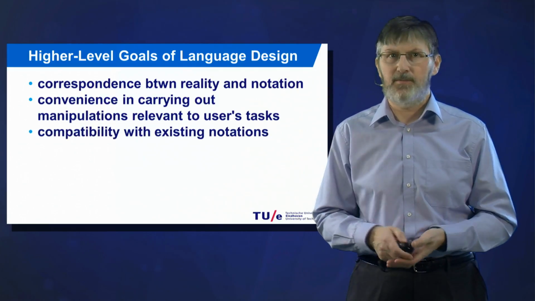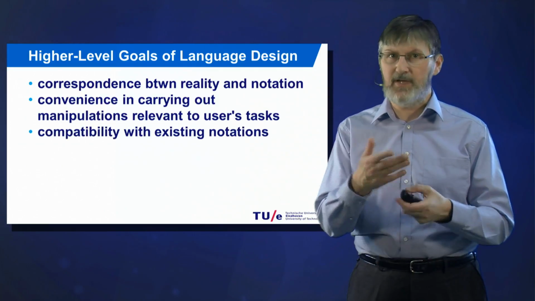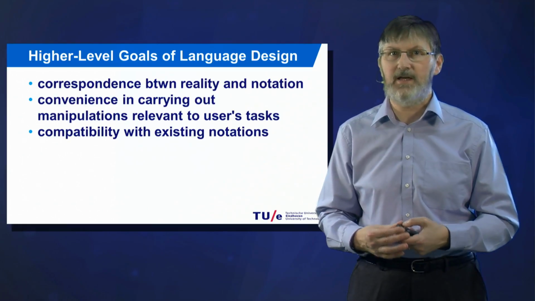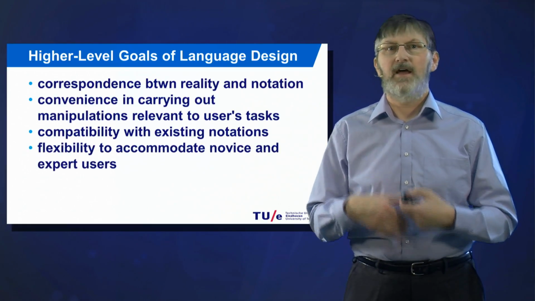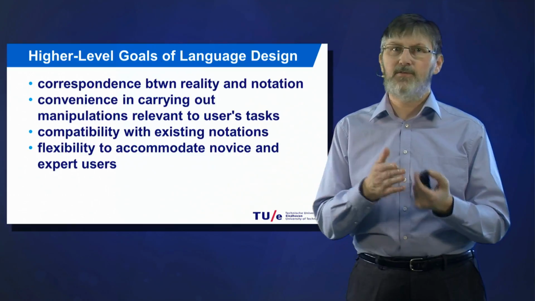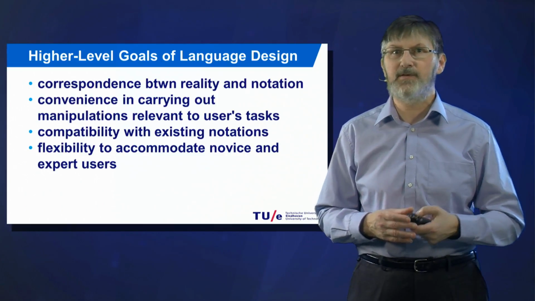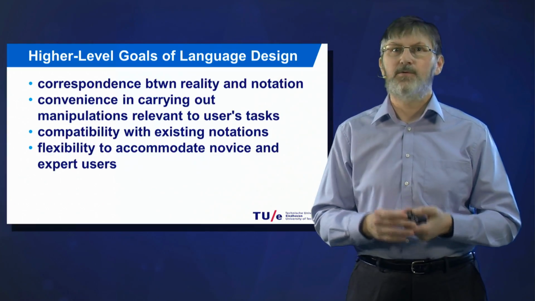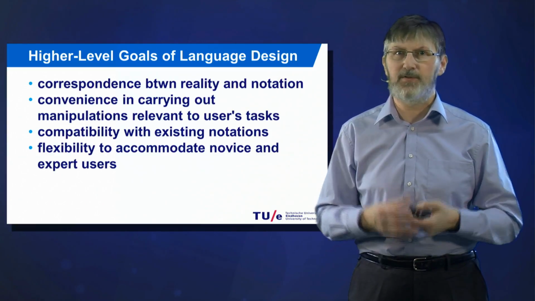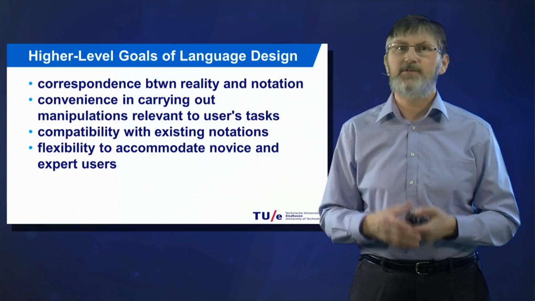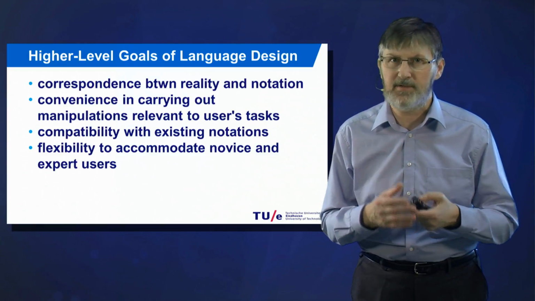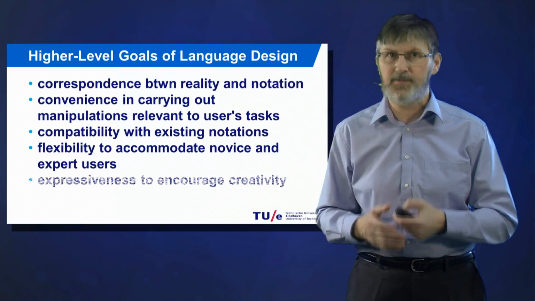There should be compatibility with existing notations, with existing natural language also, and flexibility to accommodate novice and expert users. This is often achieved by using options. So the command does the most sensible thing for most cases, but sometimes you want it to do something slightly different, and there can be options to achieve that.